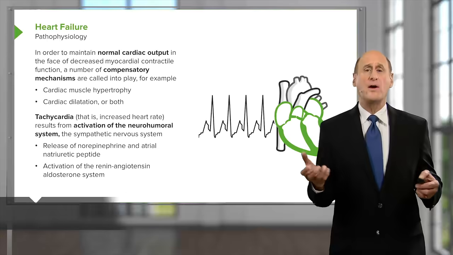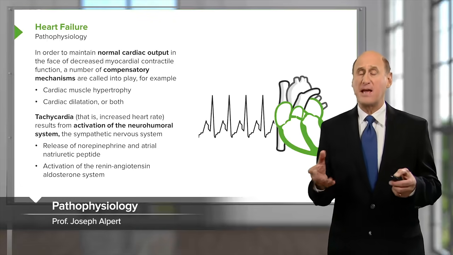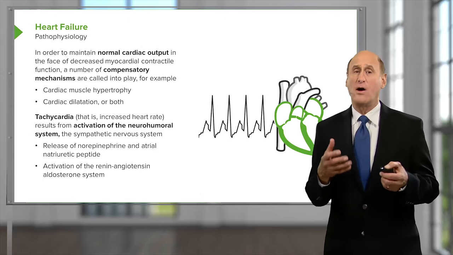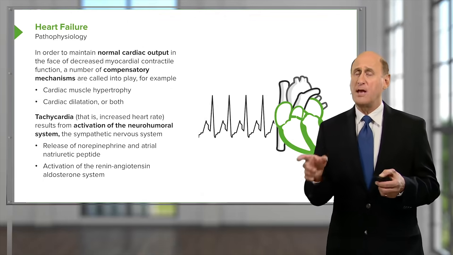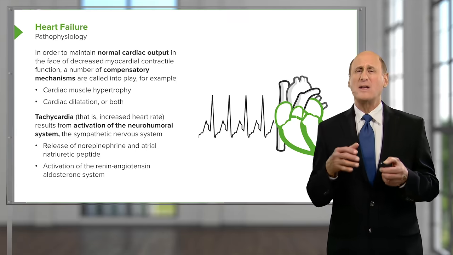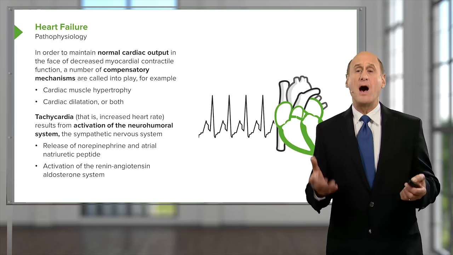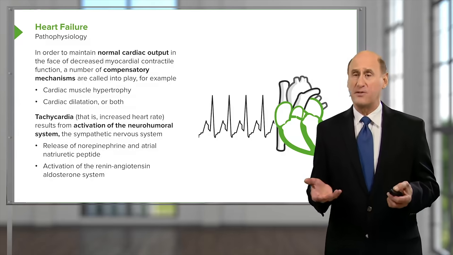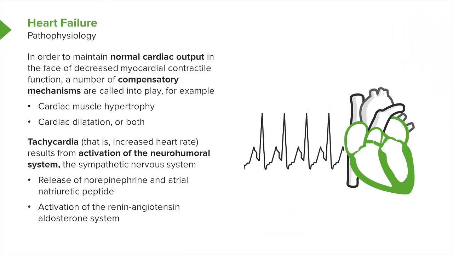Now, there are a number of compensatory mechanisms that the body sets off when it sees heart failure. Remember, I mentioned them just a few moments ago. What are the compensatory mechanisms? Well, let's think. Why would the body compensate for decreased cardiac output, for decreased pumping of the blood? The reason the body compensates is because it interprets heart failure as if there had been a hemorrhage, a blood loss, or dehydration.